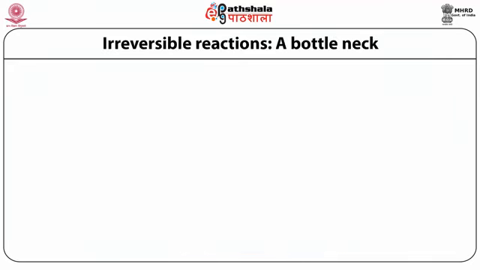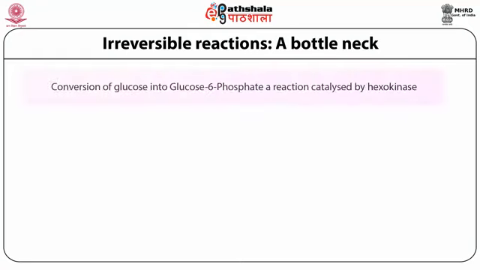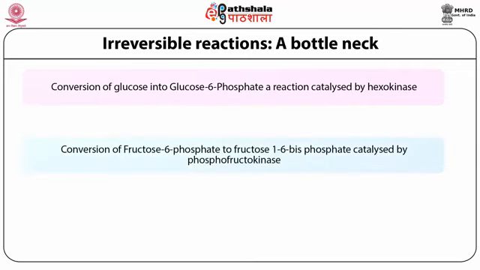There are three reactions which are thermodynamically not favored in the reverse direction. First, conversion of glucose into glucose 6-phosphate, which is catalyzed by the enzyme hexokinase. Second, conversion of fructose 6-phosphate to fructose 1,6-bisphosphate, catalyzed by the enzyme phosphofructokinase.